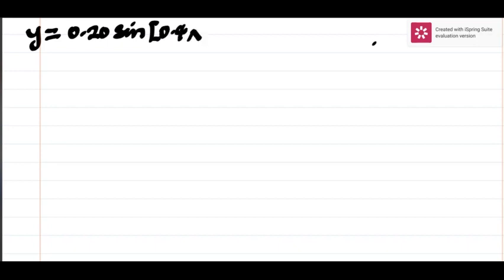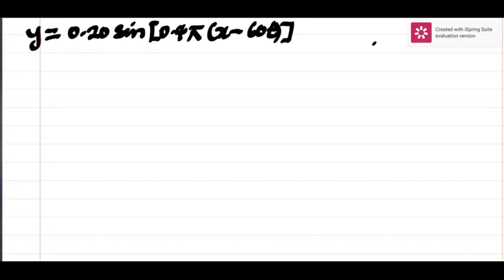The wave equation is given to us, which is y = 0.20 sin(0.4π(x − 60t)).